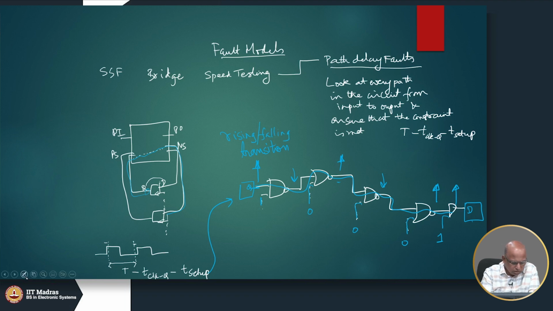The rising or falling transition must be able to propagate along this path and get captured here.